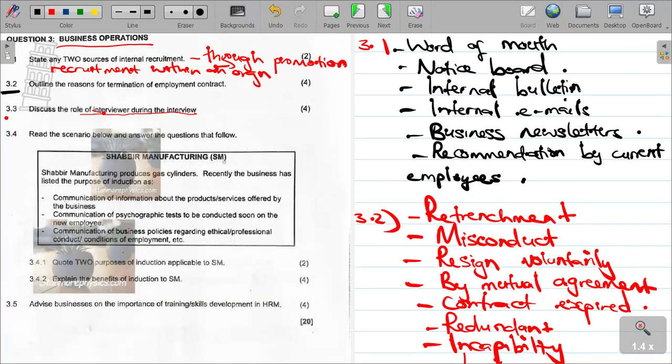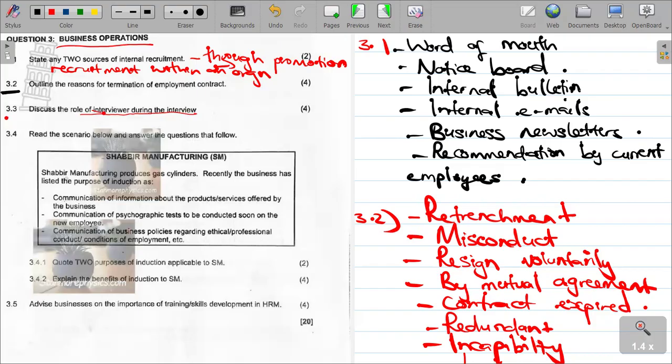Shabir Manufacturing, SM, produces gas cylinders. Recently, the business has listed the purpose of induction as communication of information about the products or services offered by the business, communication of psychographic test to be conducted soon on the new employee, communication of business policies regarding ethical, professional conduct, conditions of employment, etc.